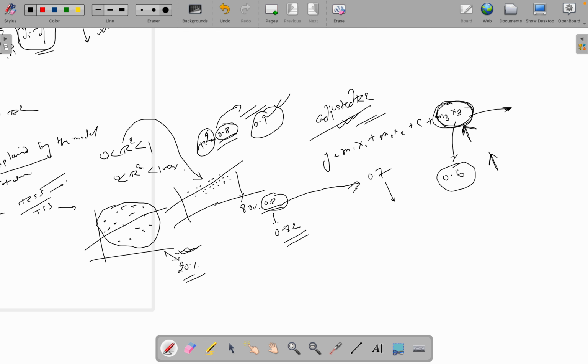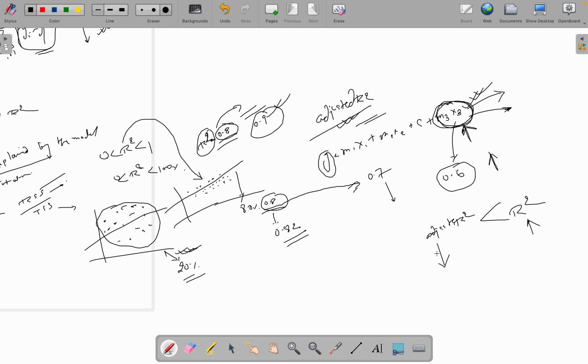So this feature should be important to the model, and the model should be able to understand it, then only adjusted R square will increase. And adjusted R square will always be less than R square, because whatever value you add, R square will increase, but it will not happen with adjusted R square, because if you add a junk value, this value will go down.